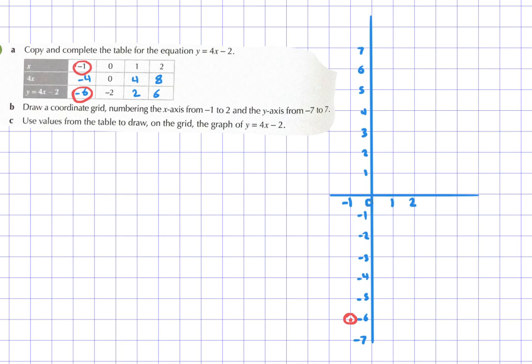Then 1 and 2. The last point, 2 and 6. Now join them.